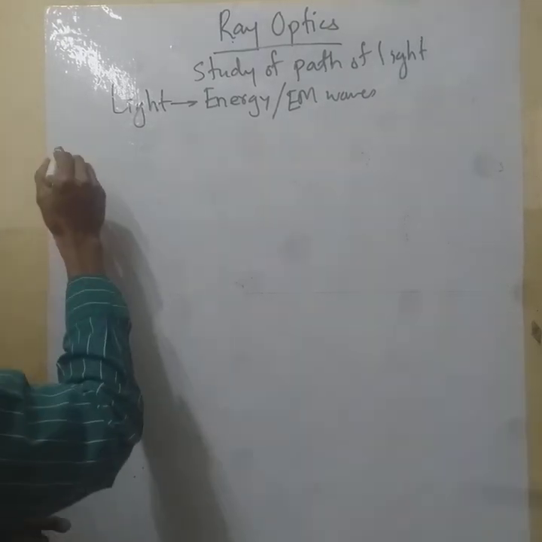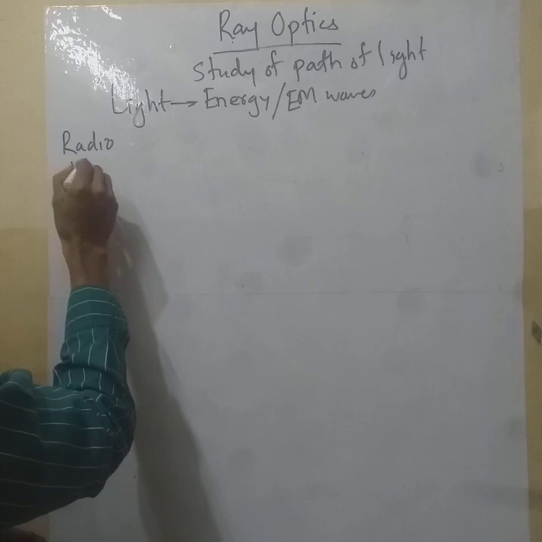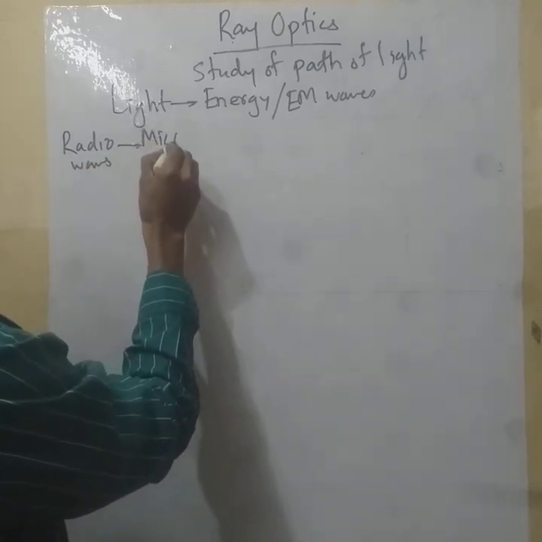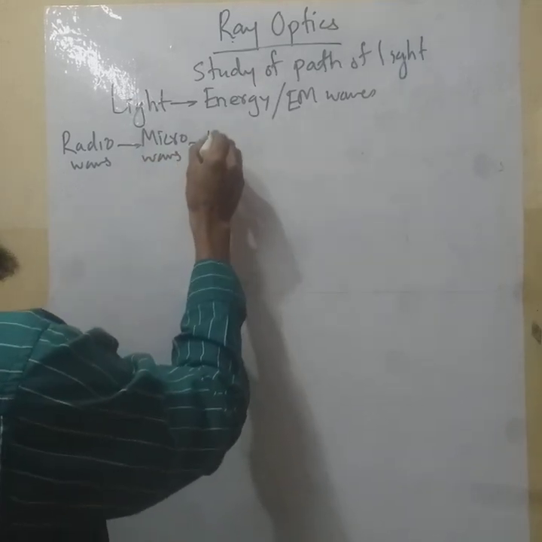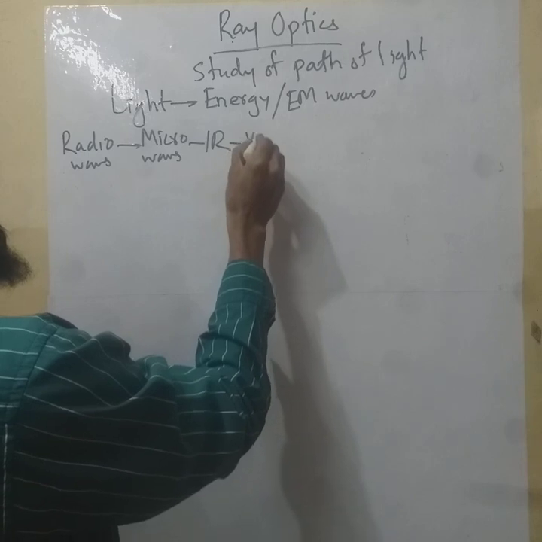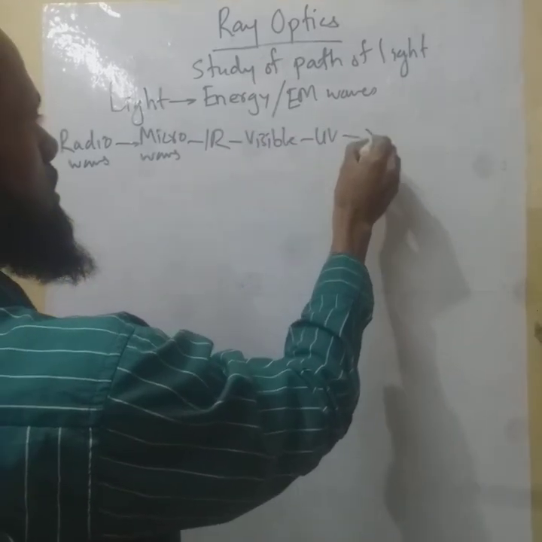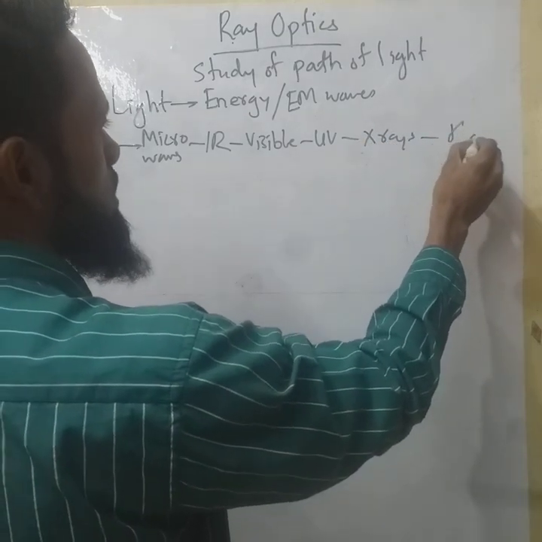In that spectrum, first radio waves came, then microwaves, then infrared rays, then visible light, after that UV light, then X-rays, and last gamma rays.